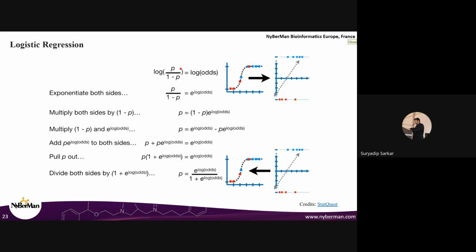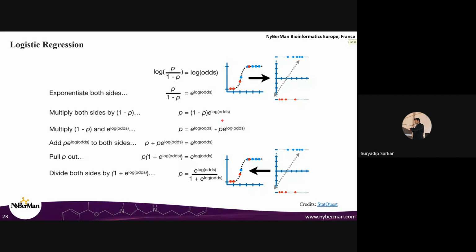Now if you exponentiate both sides by e, what will you get? You will get p divided by 1 minus p on the LHS and e raised to the power of log of odds. Now you can take this 1 minus p to this side, and you will get p is equal to 1 minus p times e to the power of log odds.